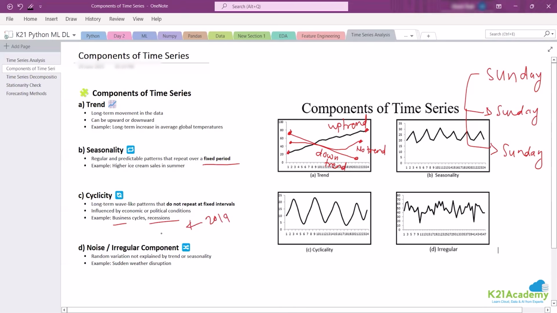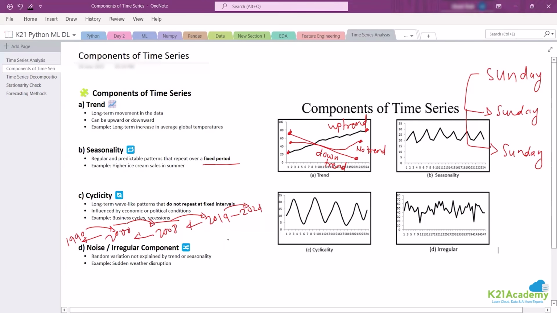Before that it happened in 2008. Before that in 2000. Before that in 1990. So if you see, there is a 10 years gap, here an 8 years gap, and here about an 11 years gap. And currently the recession is happening since 2024, so here it is a 5 years gap.